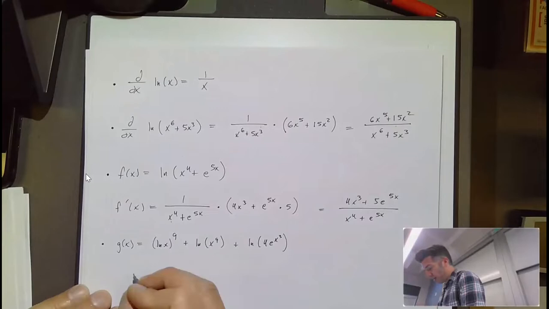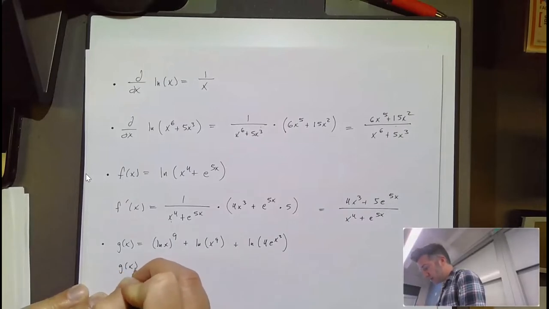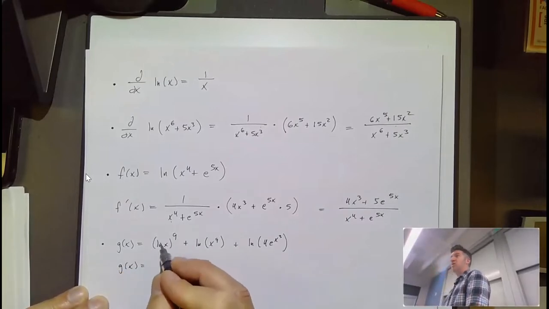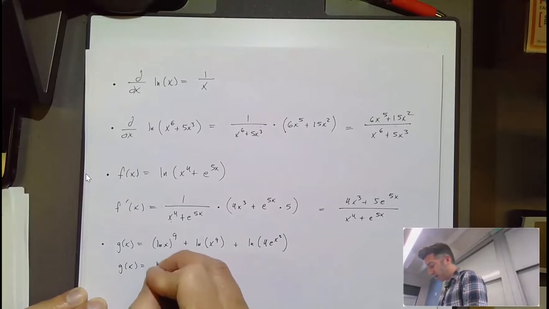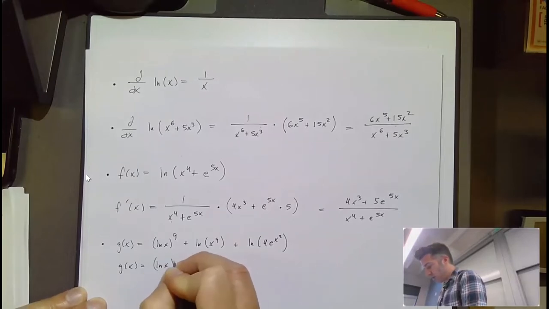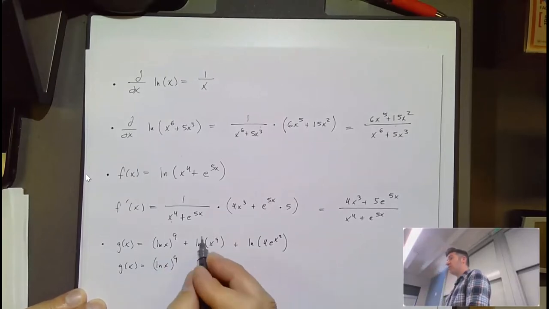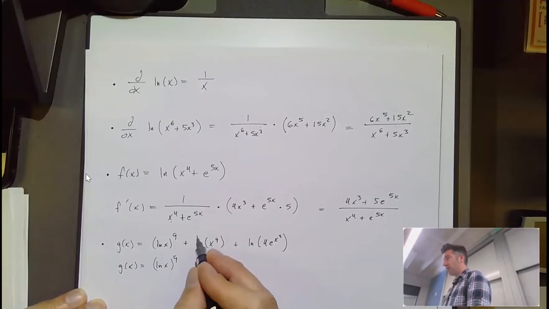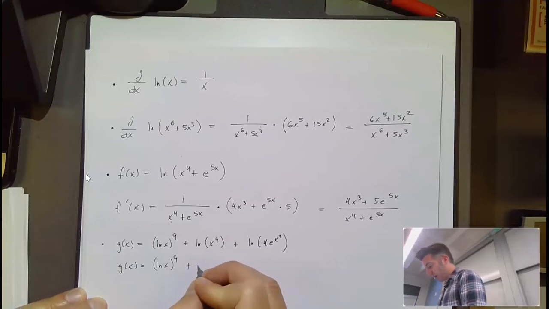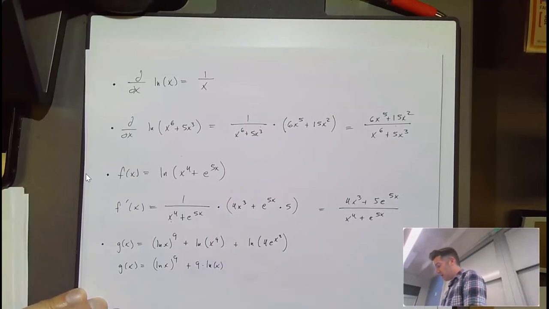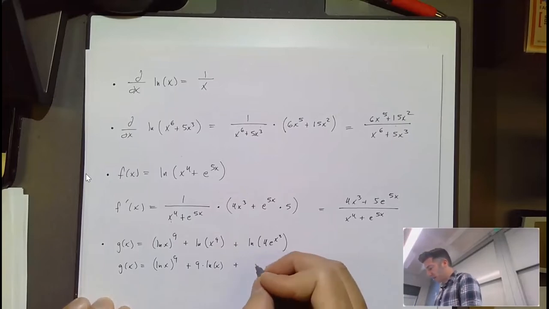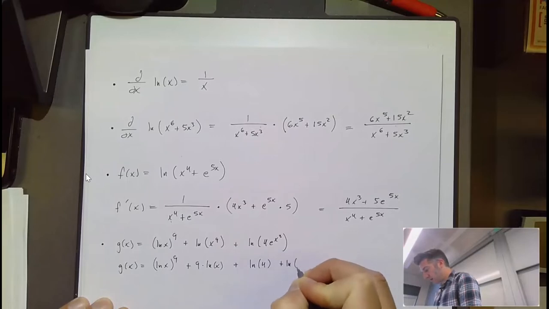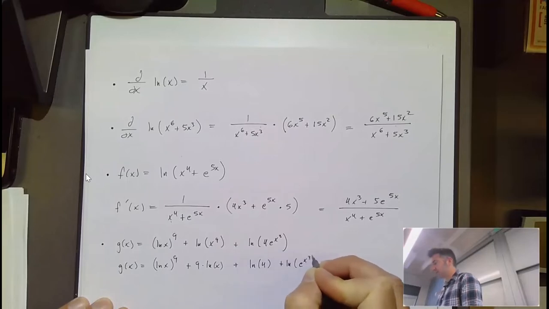You could rewrite this as, you can't actually do anything with this. This you're stuck with. Natural log of x, all raised to the 9th power. But this one here, you could bring that 9 down in front. You can write this as 9 times the natural log of x. And this one here, you could actually break up as the natural log of 4 plus the natural log of e to the x cubed.